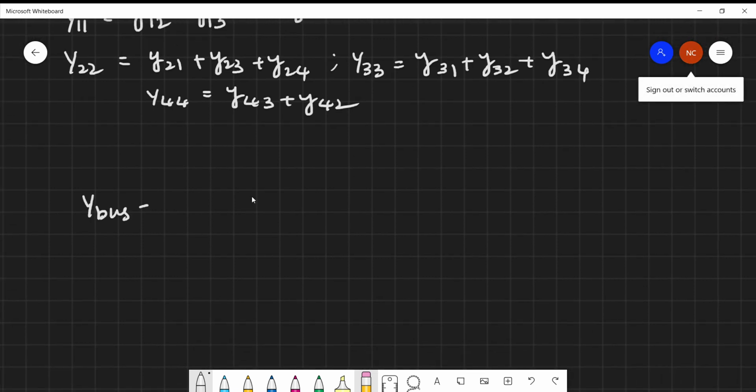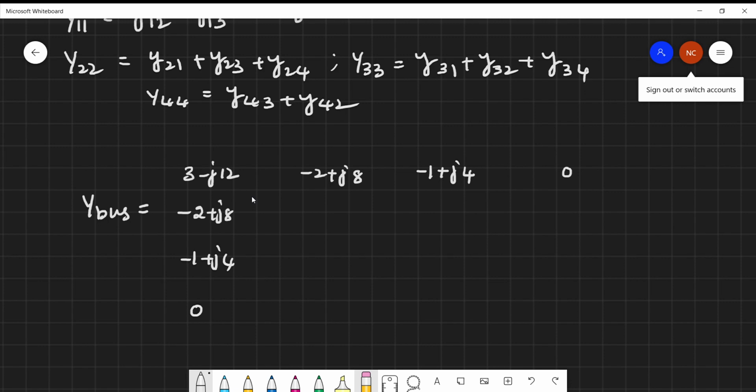Y bus is equal to 3 minus j12, then minus 2 plus j8, minus 1 plus j4, and then 0, because there is no connectivity between bus 1 and 4. The elements can be repeated like this in a vertical fashion: minus 1 plus j4, 0.